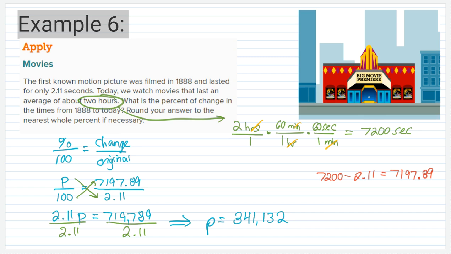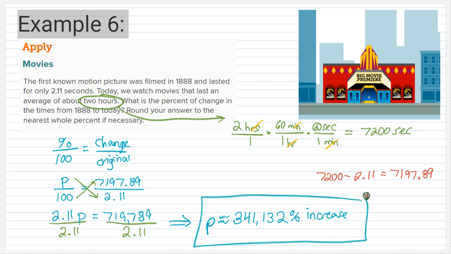So the 0.227 at the end of our answer that you'll see on a calculator, we're just going to use that to help us with the rounding. Since it's 0.2, we stay at 132 at the end of our number. So this is approximately 341,132% of an increase because we increased the amount of time. It is a huge increase from where motion pictures were in 1888 versus today.